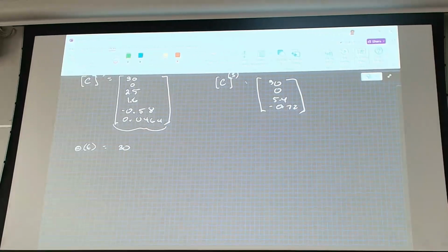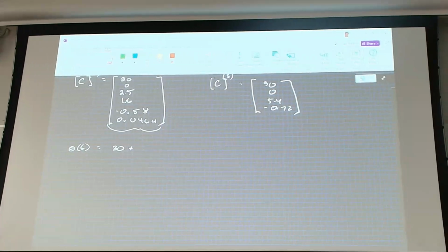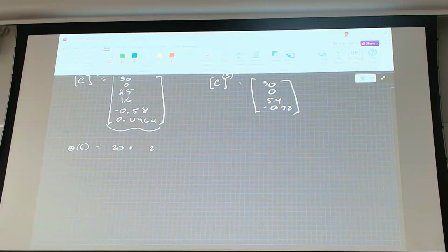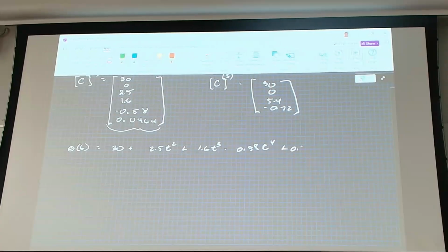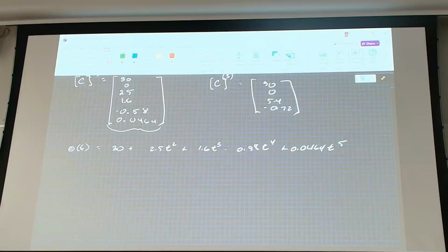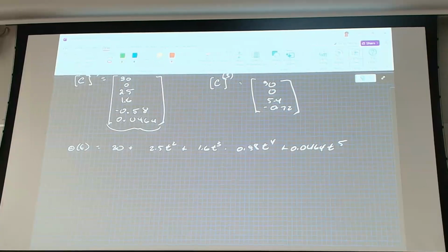So we just put in the coefficients, right? 30 plus, there's no initial velocity, 2.5 t squared plus 1.6 t cubed minus 0.58 t to the fourth plus 0.0464 t to the fifth. So at whatever time t I want to know where something's at, I can plug it in and find my theta. That's my position.